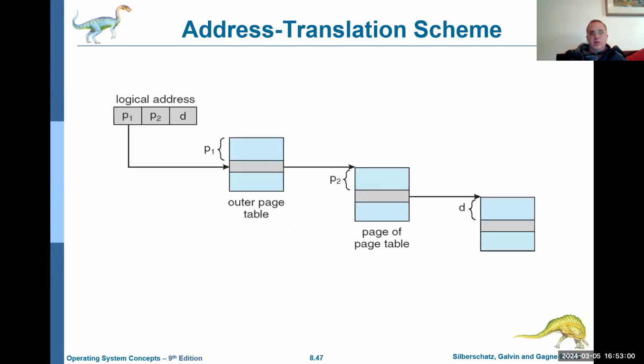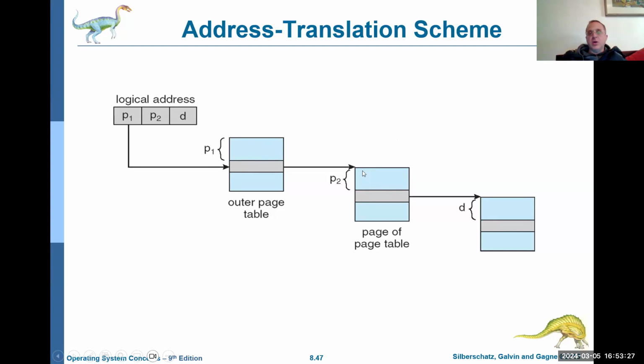Okay. So here's just a graphic picture. This part tells me which row to go down. And I go here, get the 22-bit address that tells me where to go.